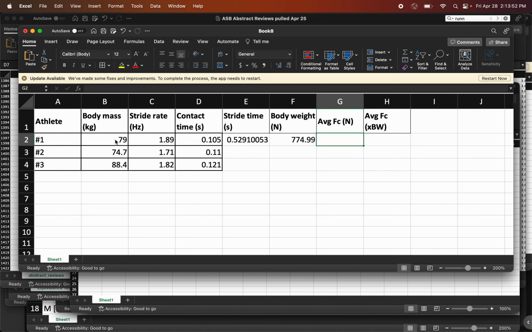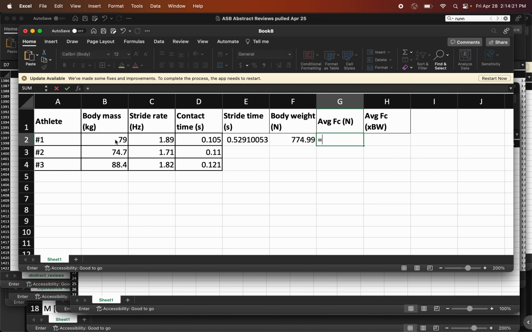I can figure that out by knowing that the average force that I produce over the whole stride is equal to my body weight, which means the impulse that I have to produce during that stride is going to be my body weight times the stride duration. But then I only have the contact time here, the amount of time that my foot's on the ground to actually produce that force. Okay.